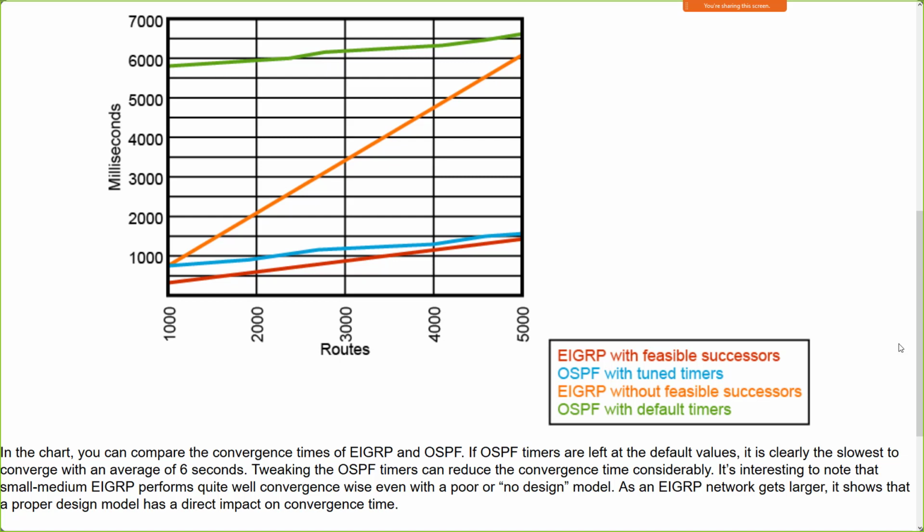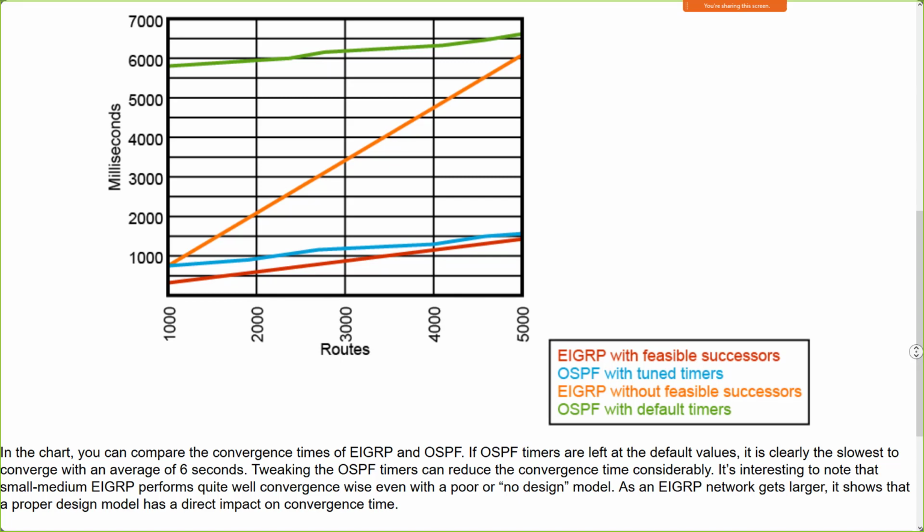That orange line that shoots up there is what happens if you have a large query domain. That's really what they're referencing here. I lose my successor route. I don't have a feasible successor. That means I have to send queries out. That orange line represents the impact of those queries across the topology, if that makes sense.